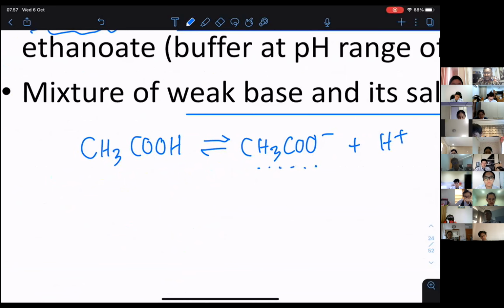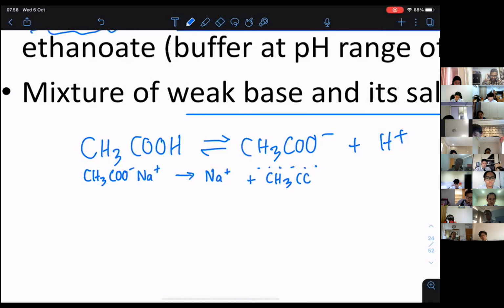You still need an external source of ethanoate, and that comes from sodium ethanoate, CH3COO minus Na plus, which dissociates completely into Na plus and CH3COO minus.